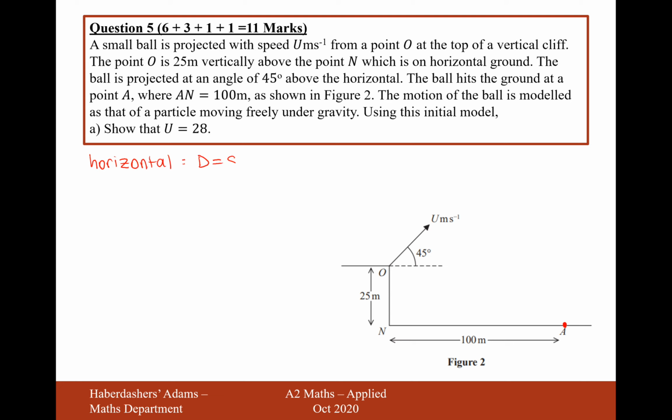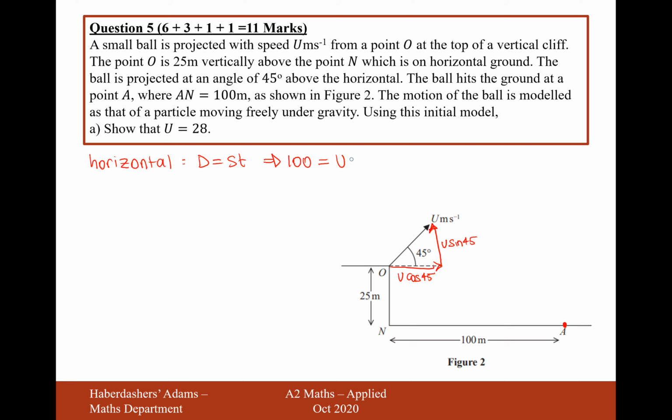Distance equals speed times time. So the distance that we want to travel is 100, equals the speed, which is going to be u, and then when we resolve it, let's resolve it upwards and downwards. This is going to be u cos 45. This is going to be u sin 45.